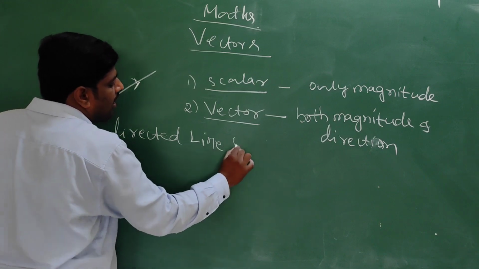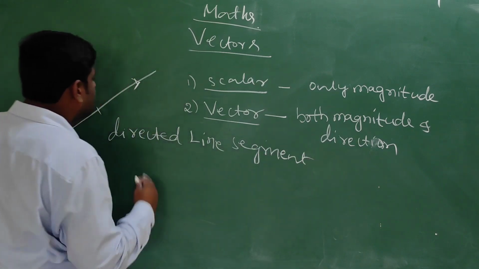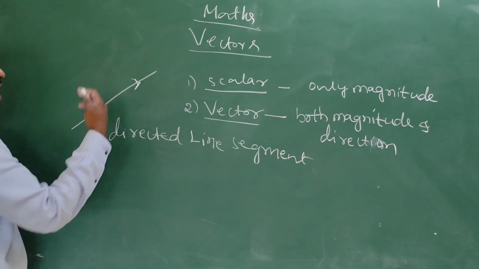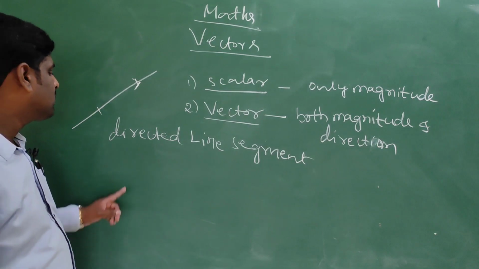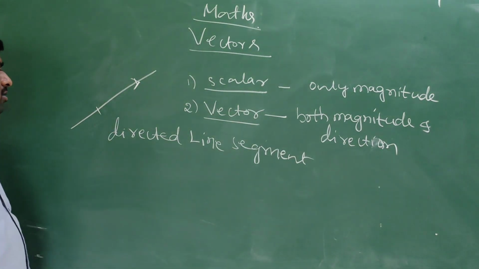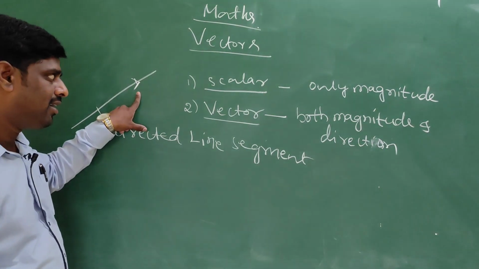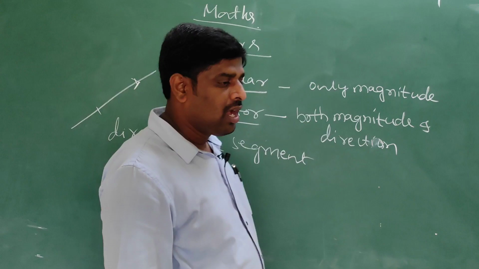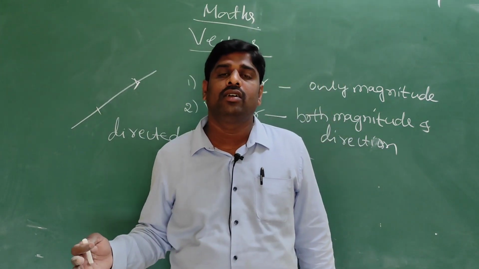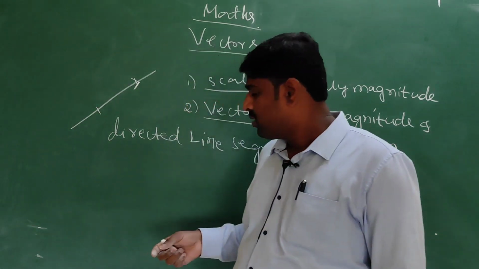So this directed line segment is a vector. Now, how can we identify which physical quantities are scalars and which are vectors?